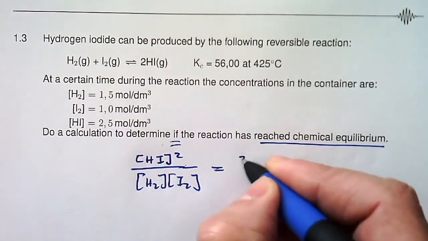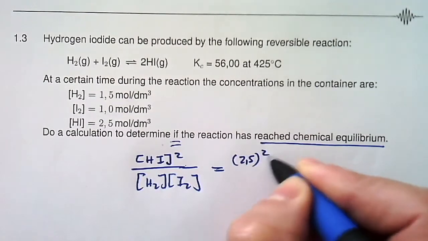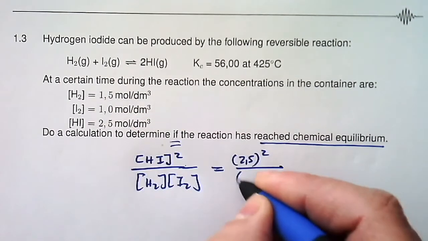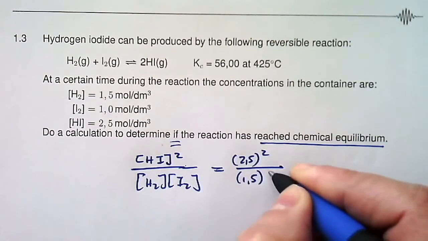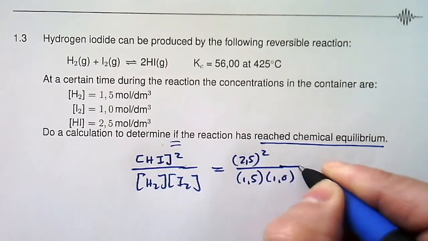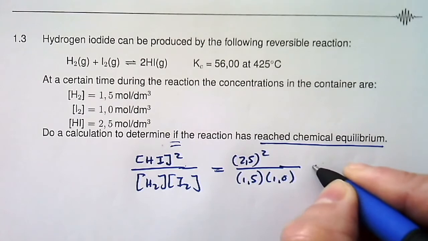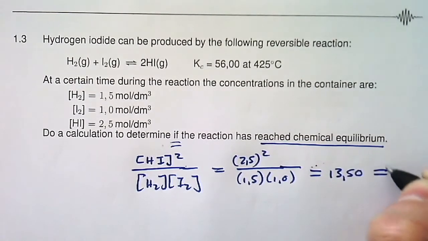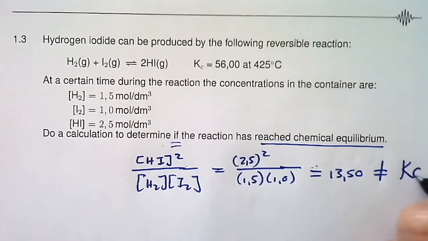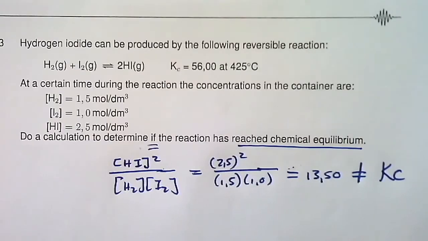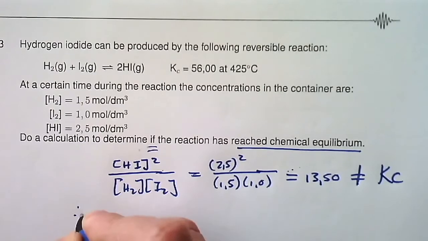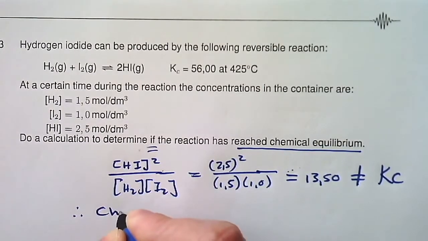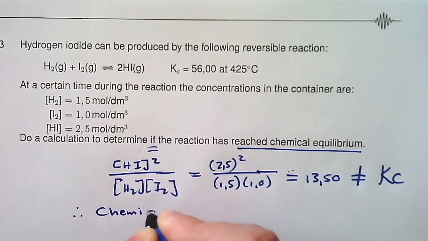HI, 2.5, remember to square, H2, 1.5, I2, 0.1. Okay, when you work that out, you end up with 13.50, which is not equal to my Kc value of 56. And immediately I will deduce that chemical equilibrium has not yet been reached.